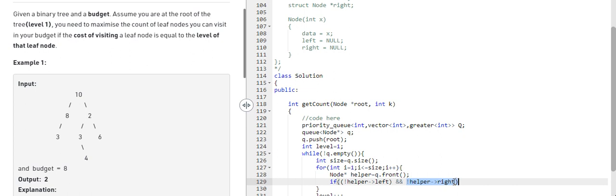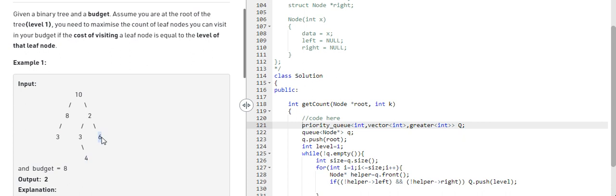So when helper's left and right are null, it means this is a leaf node, because for a leaf node all pointers are null. If this is a leaf node, we have to push its level into the capital Q queue, because capital Q we created to store the levels of the leaf nodes.